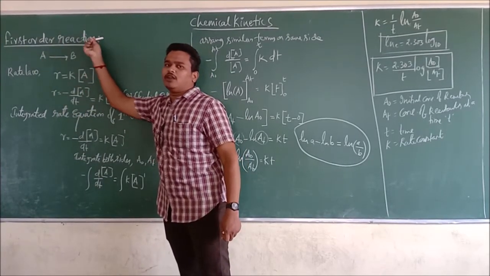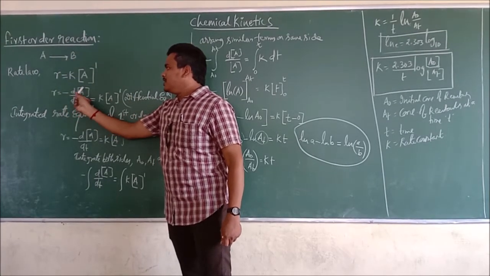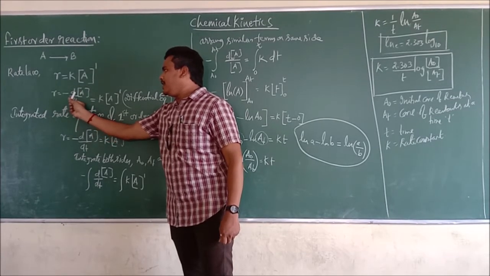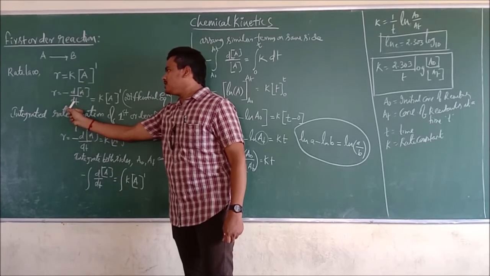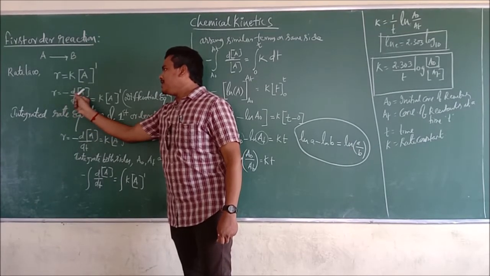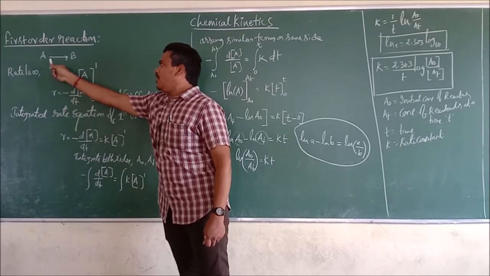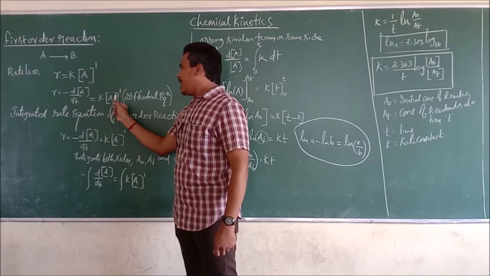A is converting into B, so it is decreasing, so minus sign. dA by dt is the change in the concentration of the reactant by the change in time. Minus dA by dt is the rate of the reaction in terms of reactant, equal to k A power 1.